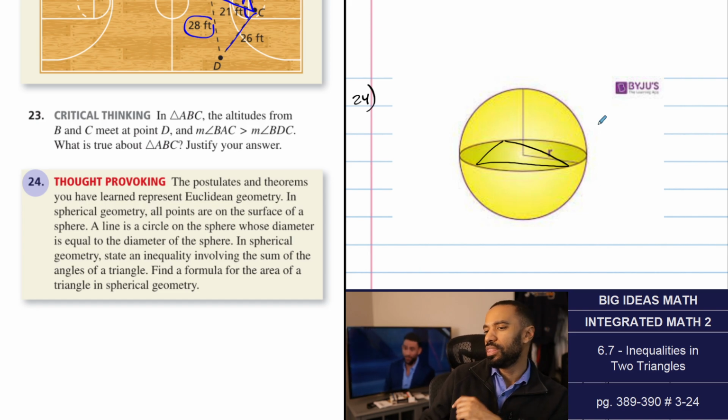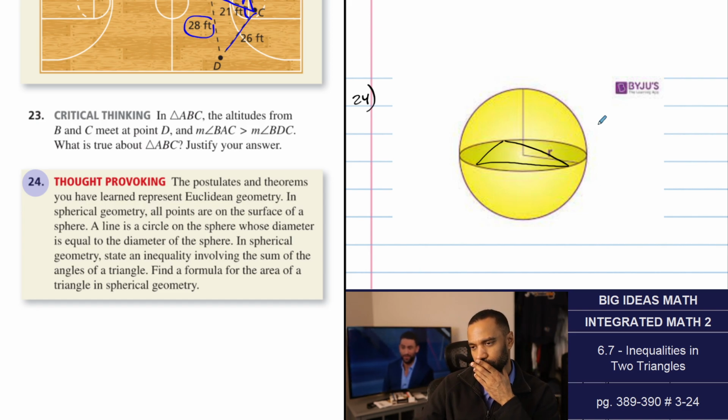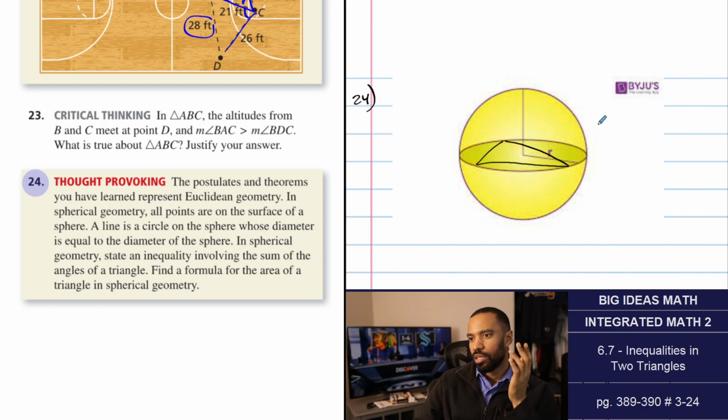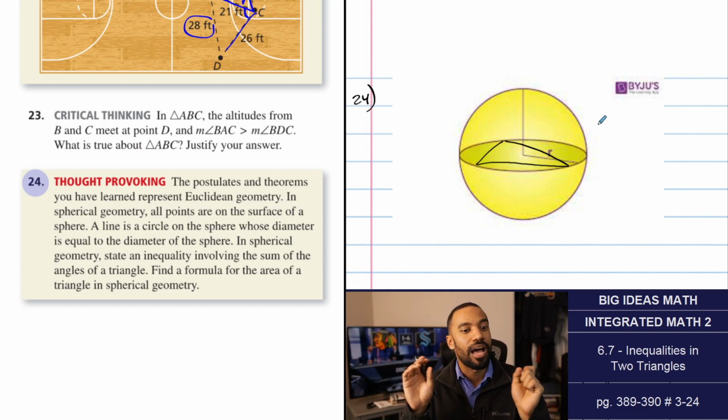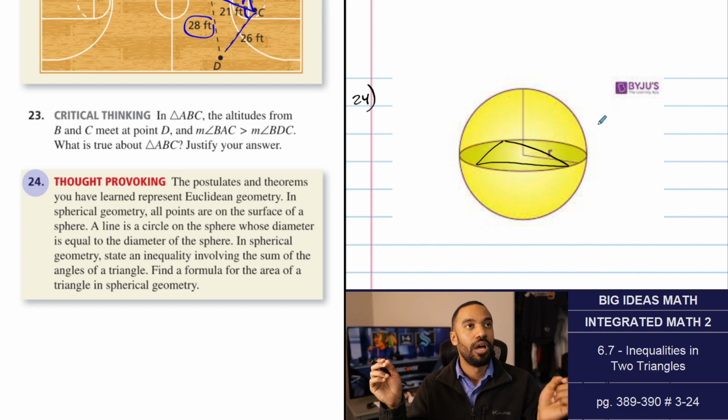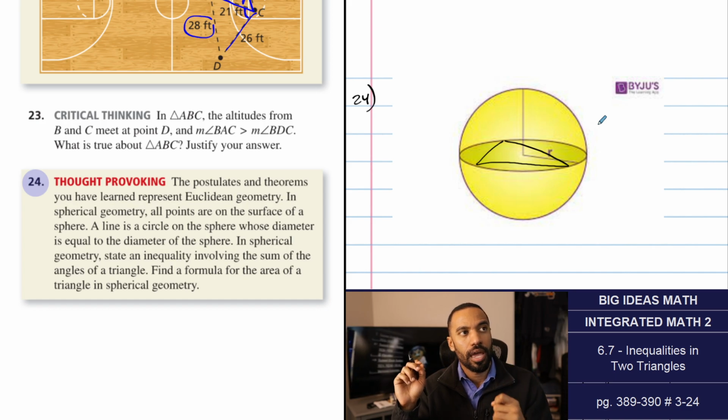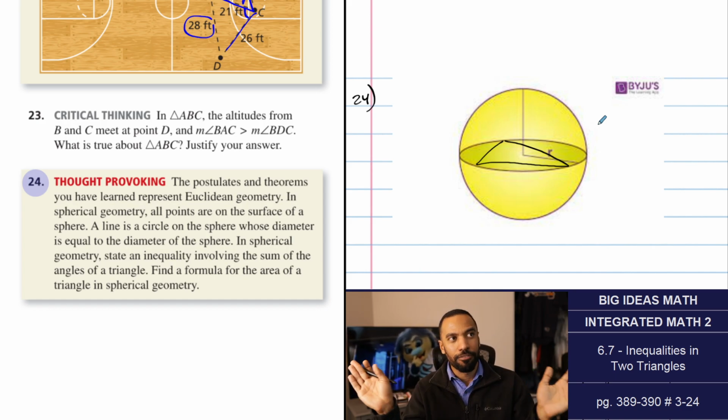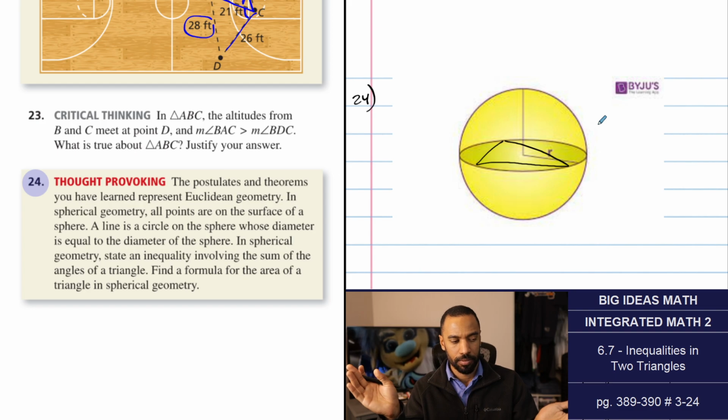I guess what they mean by... My confusion is if they're saying that a line is a circle, and by that it means if you unraveled it, then it would open everything up.